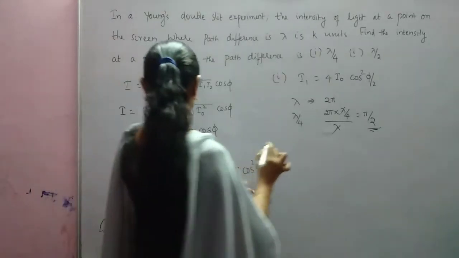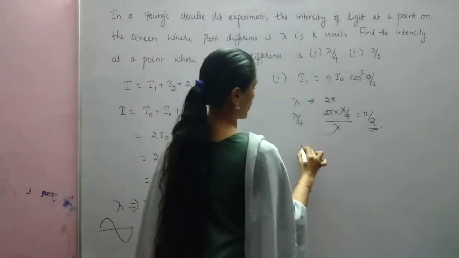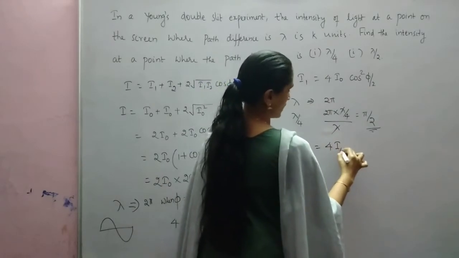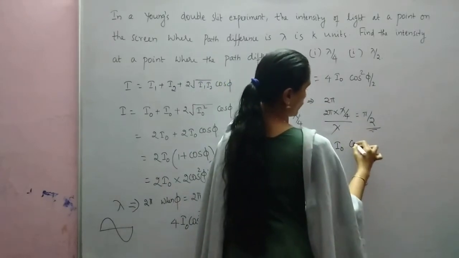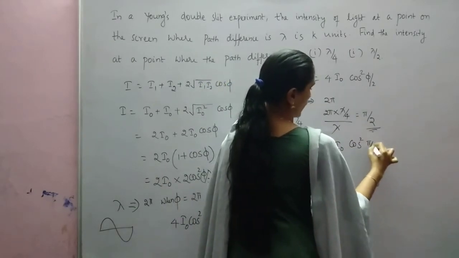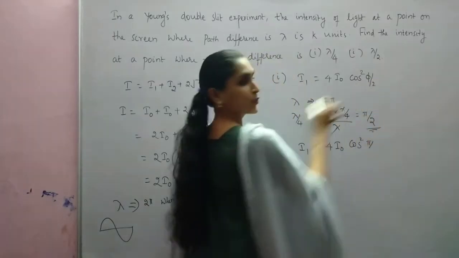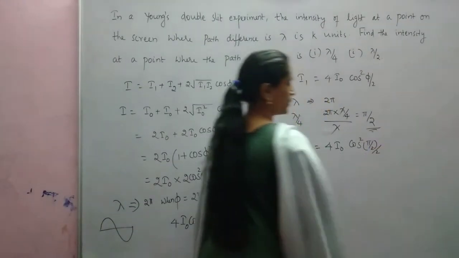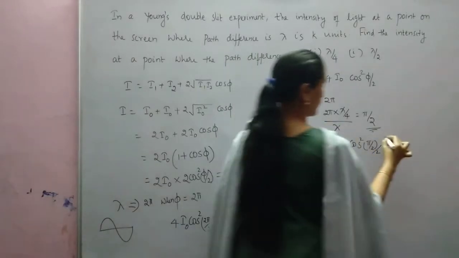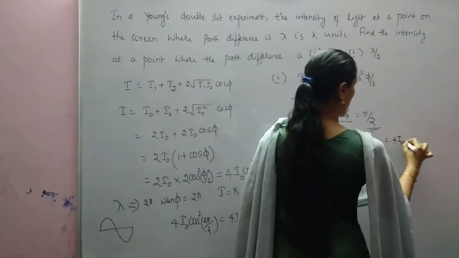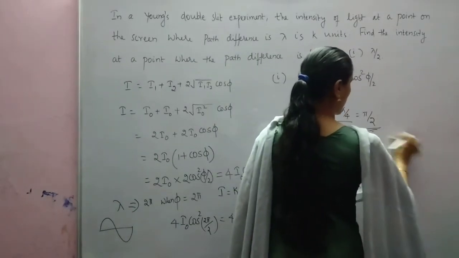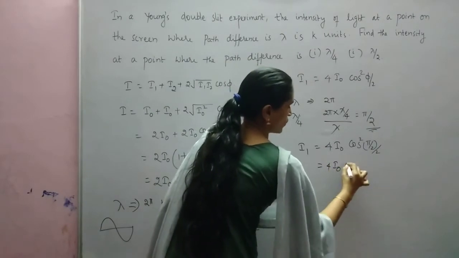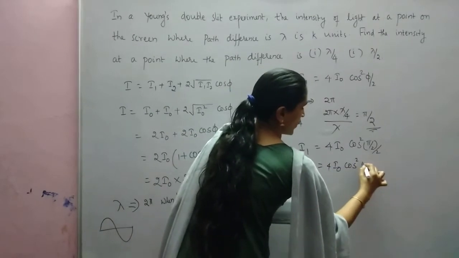What you will get? Intensity in this formula you can substitute. I1 is equal to 4I0 cos square pi by 2 by 2, which is equal to pi by 4. So 4I0 cos square pi by 4.